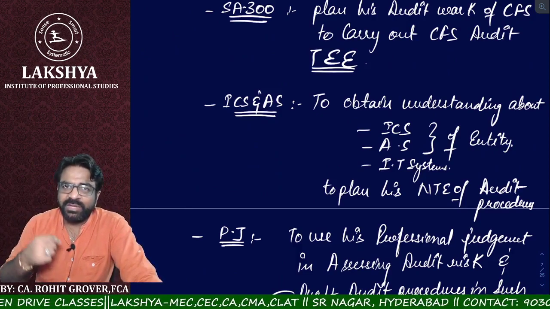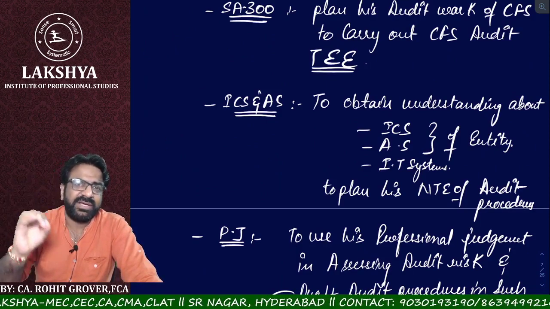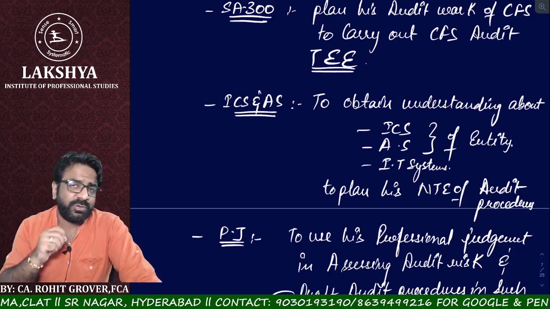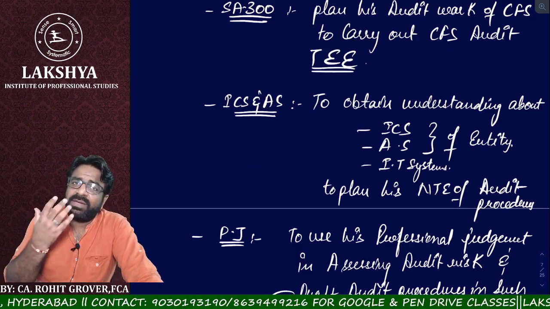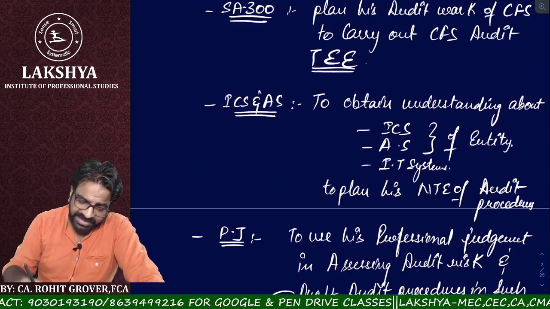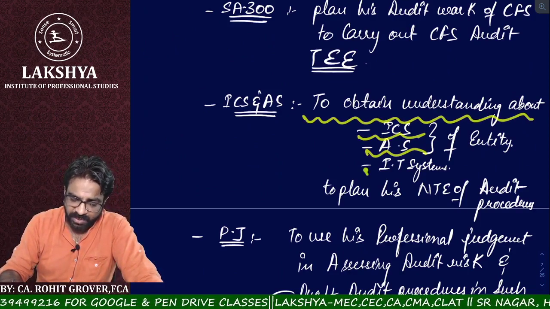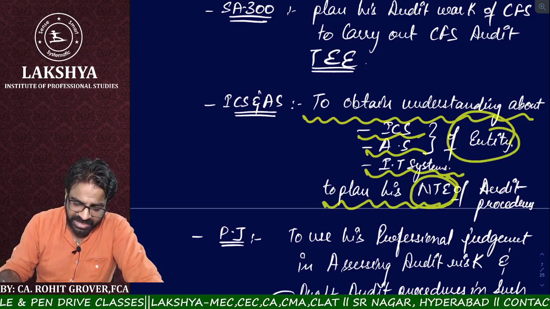If I do not have knowledge of their internal control system, the accounting system, or the IT control system, then it is very difficult for me to plan the nature, time, and extent of audit procedures. So the second thing is you need to obtain a better understanding of the internal control system, accounting system, and IT system of an entity to plan the nature, time, and extent.